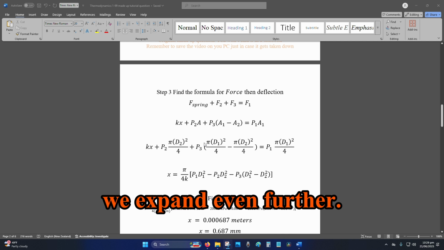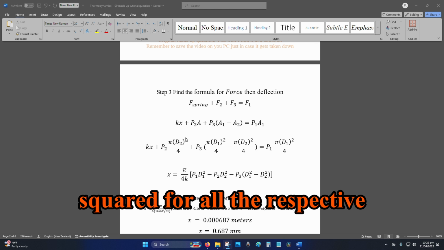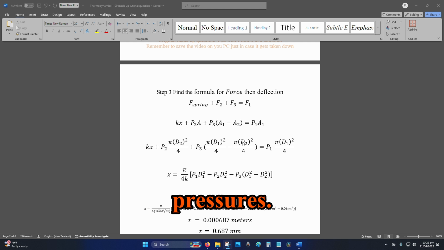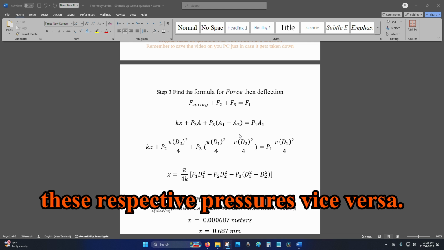And then from there, we expand even further. So we can expand the area, which is pi multiplied by diameter squared for all the respective pressures. So for every area multiplied, we've got these respective pressures, and vice versa.